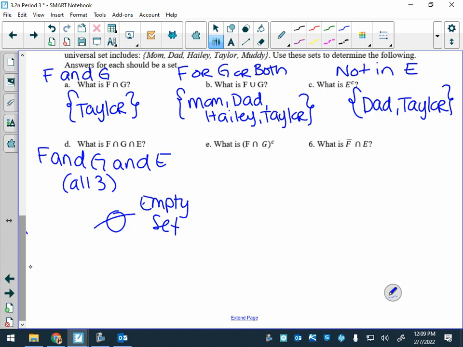So the next 2 combine notations. This means who is not in F and G. In other words, who is not in that intersection between F and G. Muddy is 1. Who else? Campbell? Good. F and G we already found was Taylor, so it's everybody else besides Taylor.